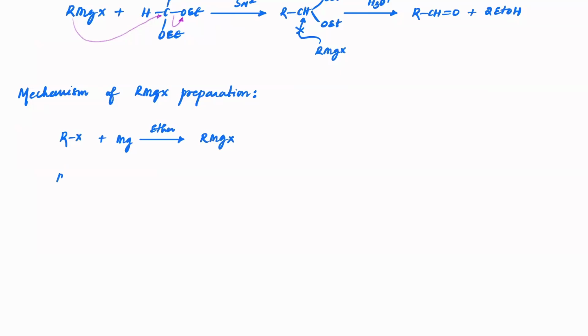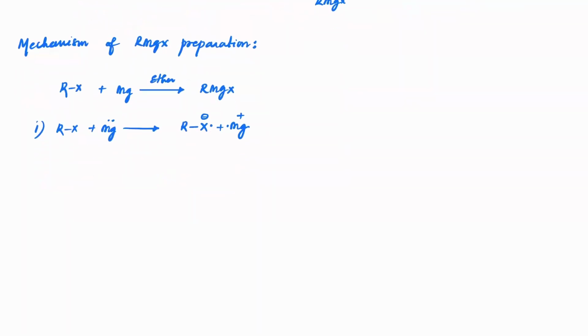This is the overall reaction. So basically, how this is happening is, first, magnesium is trying to release its electrons. This is step one. First you will have RX with a minus charge on it and Mg with a plus charge and one single radical, because this minus charge has come because of this extra electron on X.